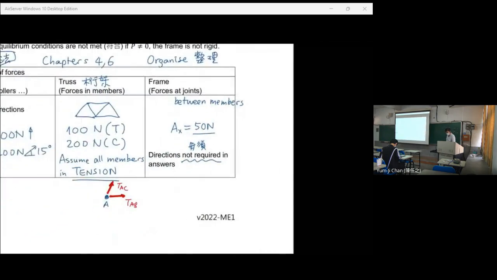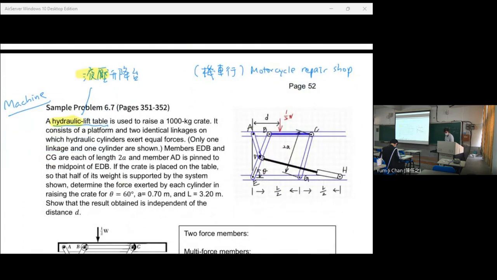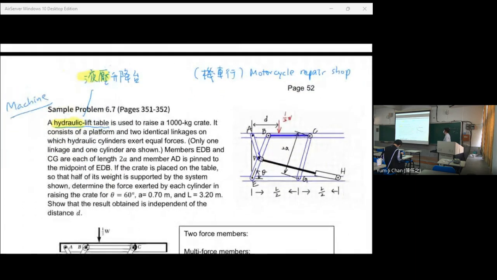As I've said, you can see this in a motorcycle or car repair shop: it is a hydraulic lift table. Hydraulic, the accent is on here.